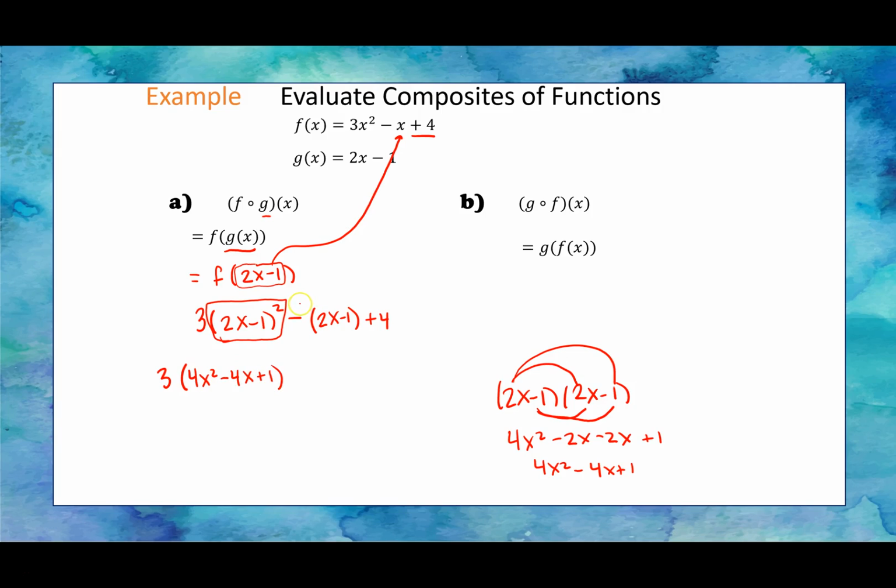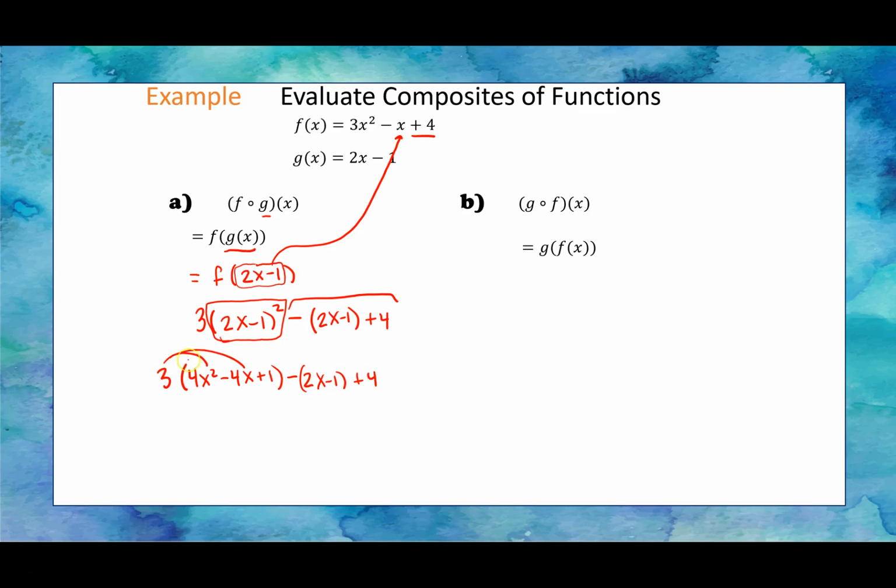All right, and then I have to continue writing the rest. So that's going to be minus 2x minus 1 plus 4. All right, let's go ahead and do distributive property. So I've got to distribute my 3 here. That's going to give me 12x squared minus 12x plus 3.